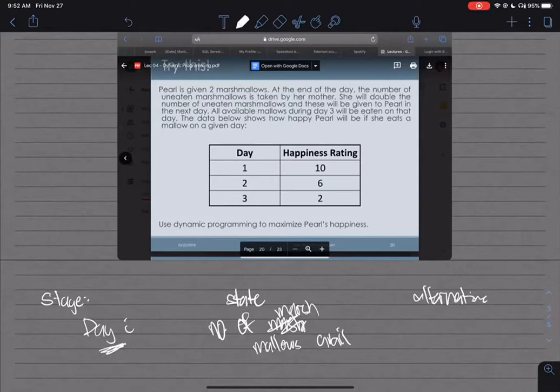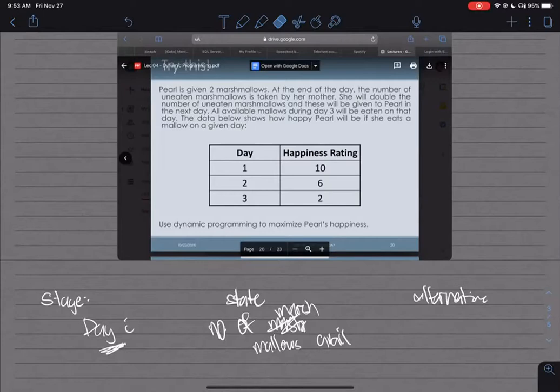No, because the happiness rating will be based on the decision we will be making. Hindi naman ang alternative ko is, I want a happiness rating of 10. I want a happiness rating of 25. Your happiness rating is based on the number of marshmallows you will eat. Tama? So, the way to define an alternative is, ano yung decision na gagawin mo at that stage?